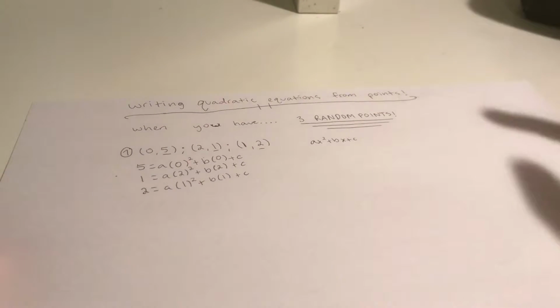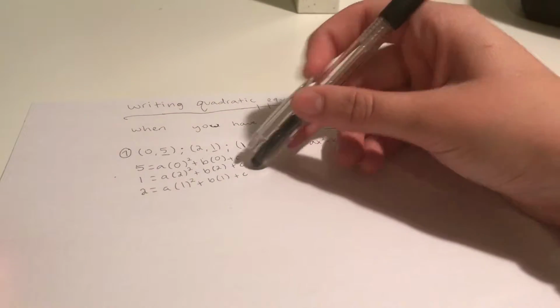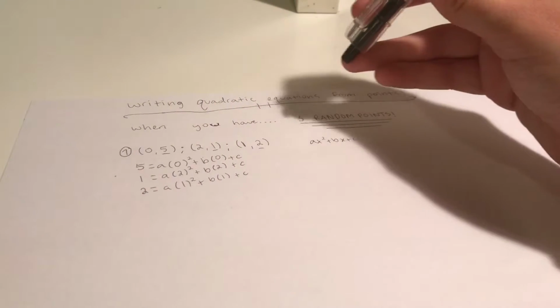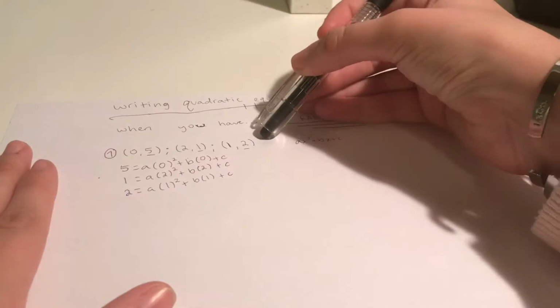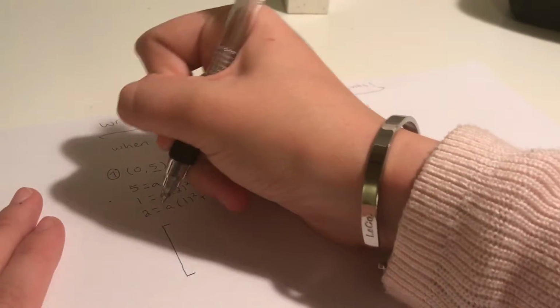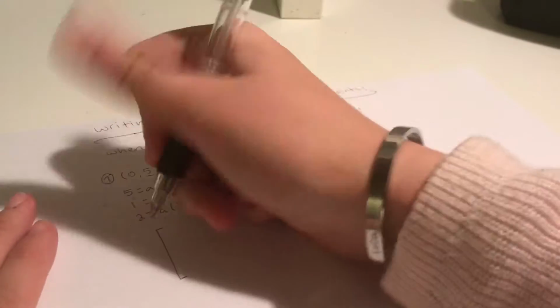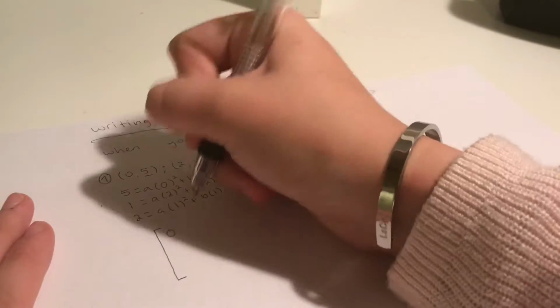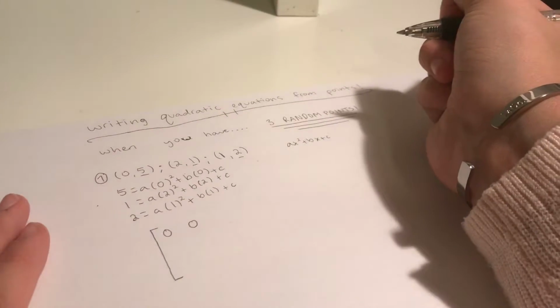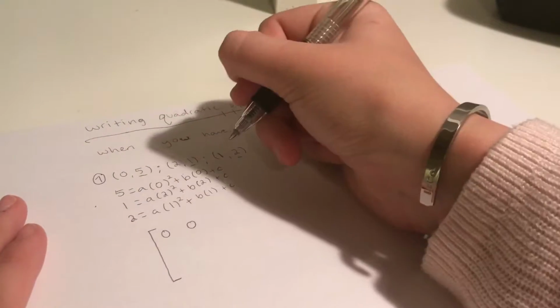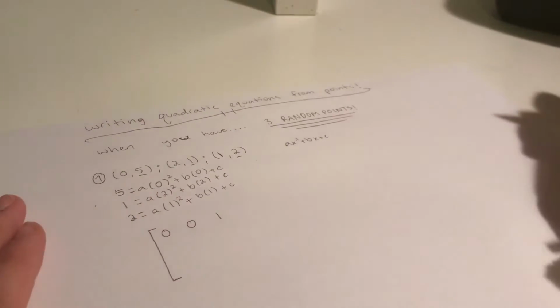Then you want to put this into a matrix, because you're trying to figure out the quadratic equation of these 3 points. You draw your little matrix, and so you have 0 squared is 0 times a, that's 0, and then b times 0 is just 0, and then you have c, and that's 1c because there's only 1 of it, so you have 1 in this position.